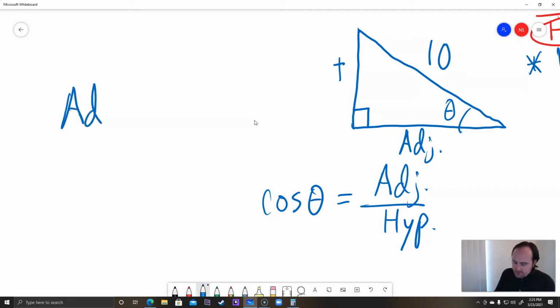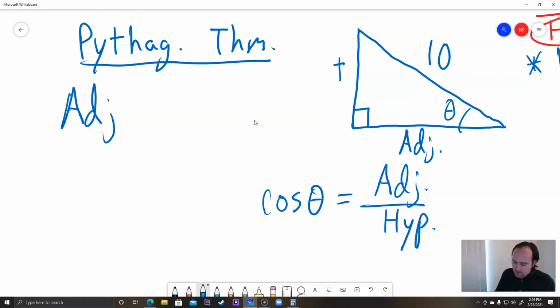We know from the Pythagorean theorem that a squared plus b squared equals c squared. So we have adjacent squared plus t squared equals 10 squared.